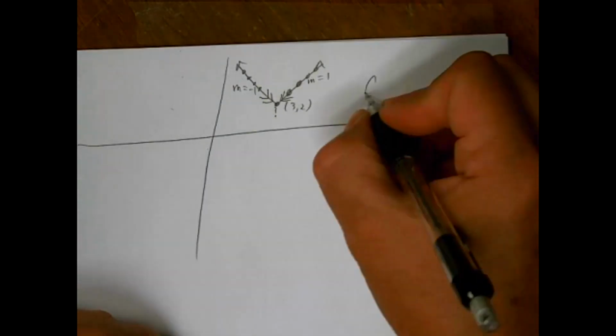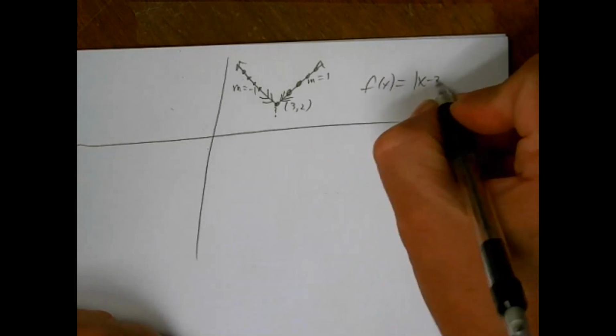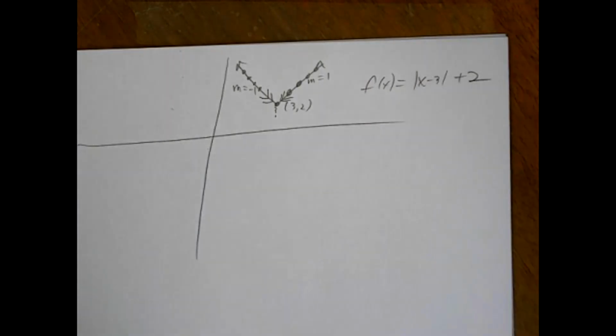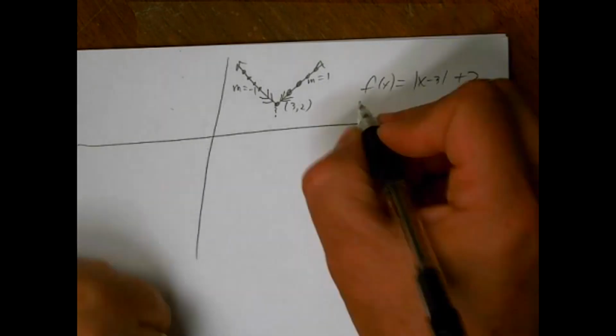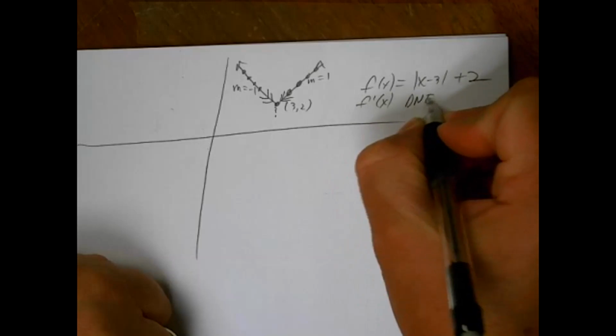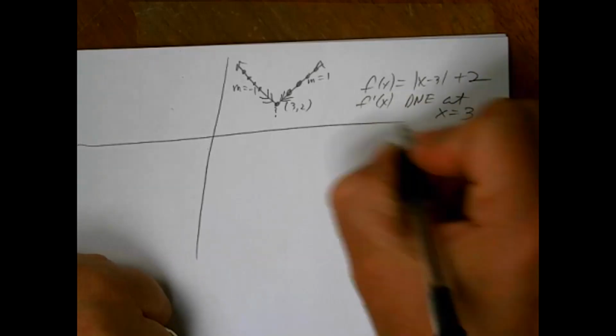So if your f of x is absolute value of x minus 3 plus 2, which is the absolute value function of right 3 and up 2, then f prime of x does not exist at an x value of 3 because the left-hand limit doesn't equal the right-hand limit.